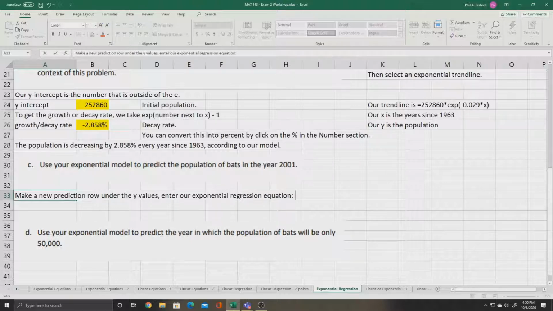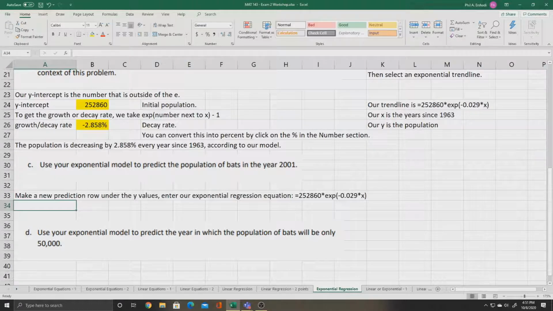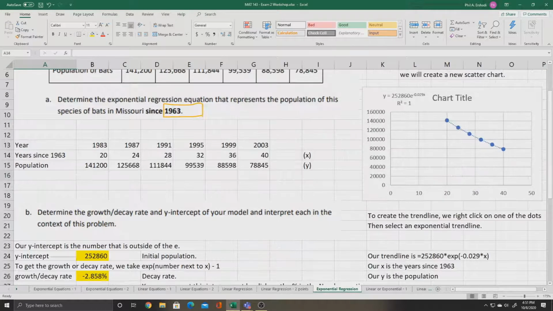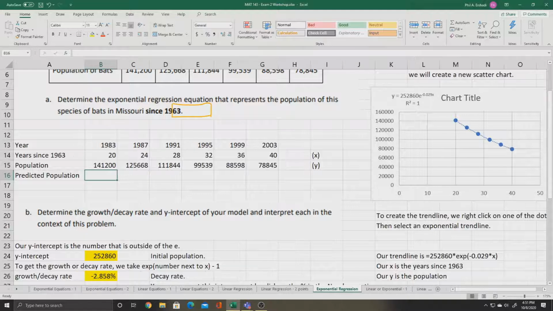That equation was equals 252860 times exp of negative 0.029 multiplied by x. So let's make a new row in row 16 called the predicted population and enter our trend line.